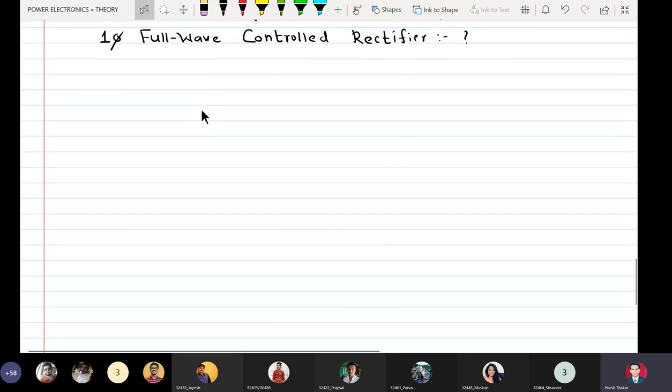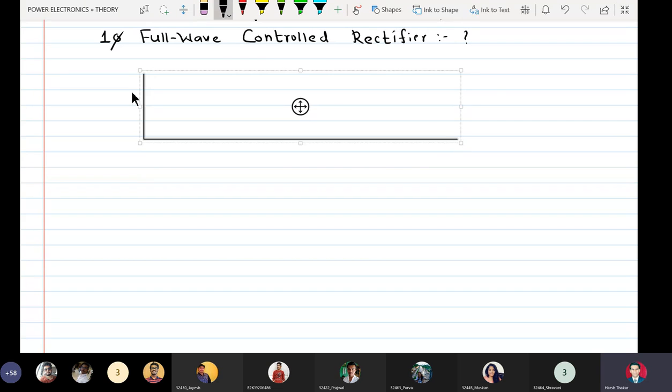Okay, so now in case of full wave controlled rectifier, we have two pulses per cycle of the input. So the waveforms look like this. 0, pi, 2 pi, 3 pi.